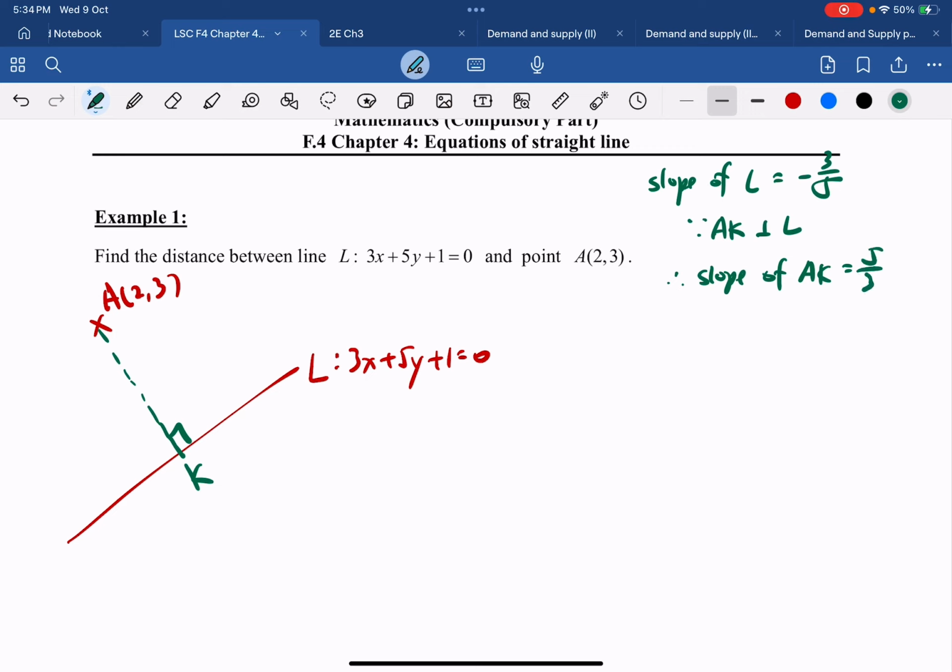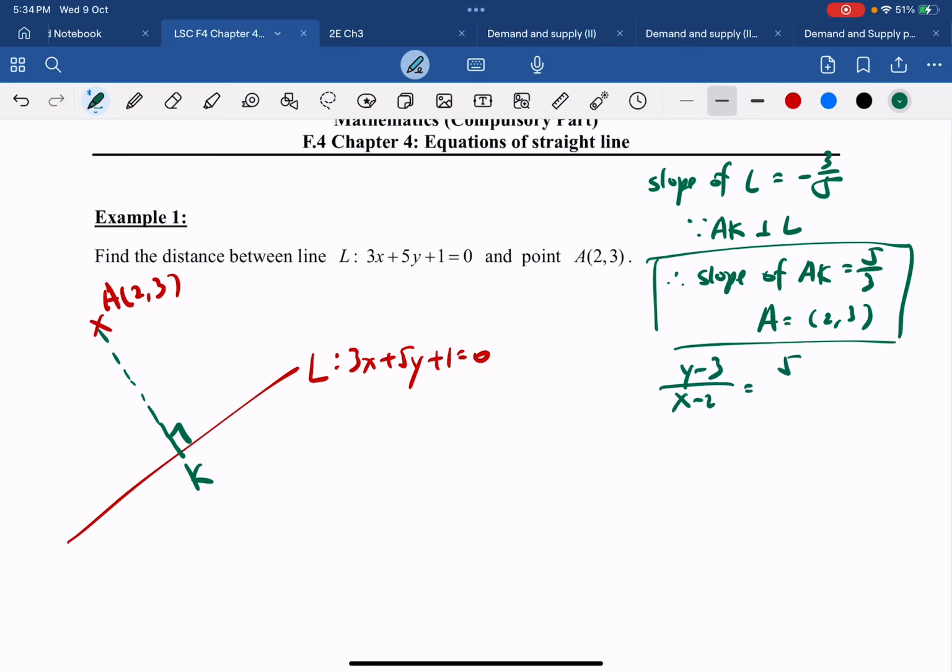And then we also have the point A, so we can use point slope form to determine the equation of AK. So (y minus 3) over (x minus 2) equals 5 over 3. So 5x minus 10 equals 3y minus 9. So this is the equation of AK.